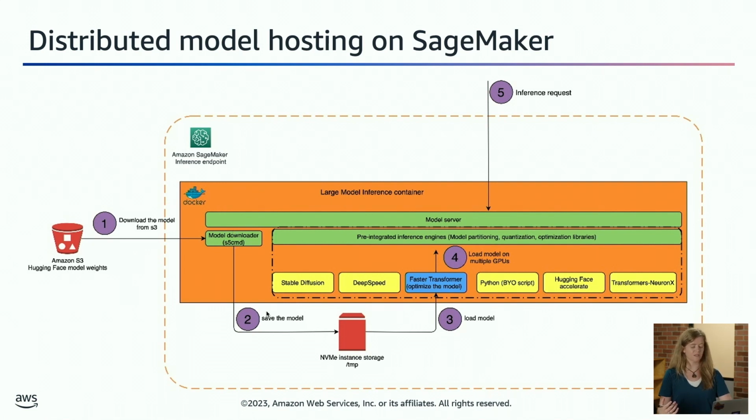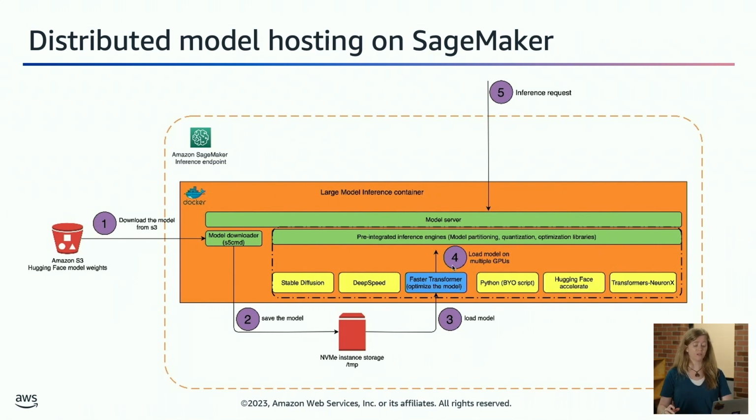This is then going to save the model on this local instance storage, in this case, some NVMe instance storage. Once this has been saved to disk, then we're going to load it, in this case using FasterTransformer, which optimizes the model for hosting. And then you see there are a number of options here: Stable Diffusion, DeepSpeed, generic Python scripts, Hugging Face Accelerate, and Transformers NeuronX. So a lot of different open source packages that you can use.